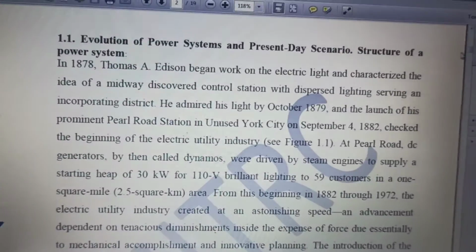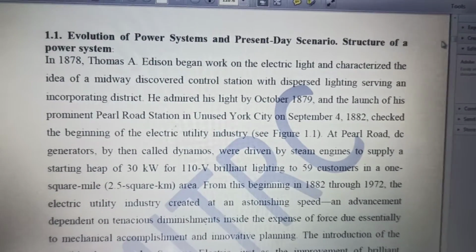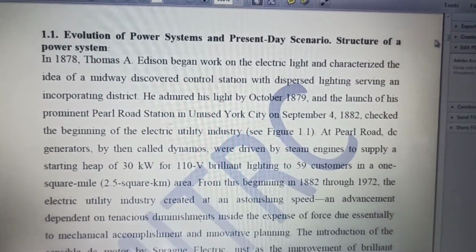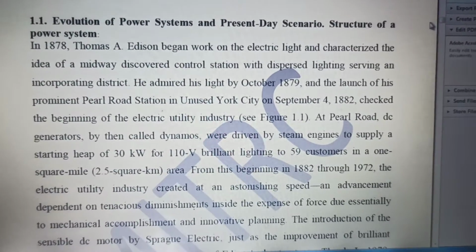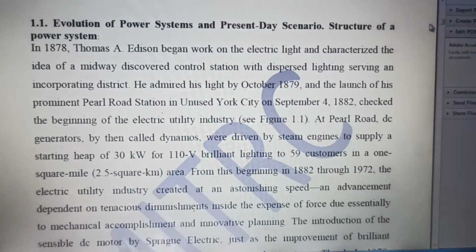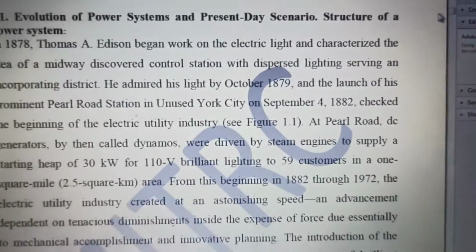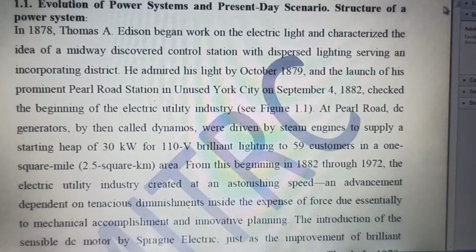Yes, all the essential knowledge of circuit theory, electromagnetic field theory, and power electronics. Yes, because I understand that many people say, sir, how is power electronics essential in our case of power systems?